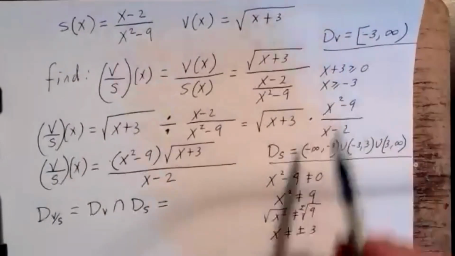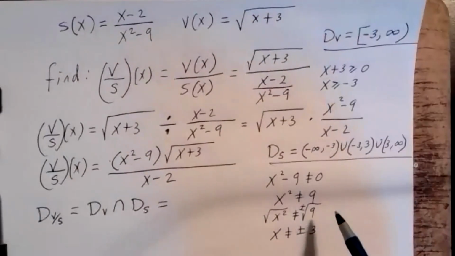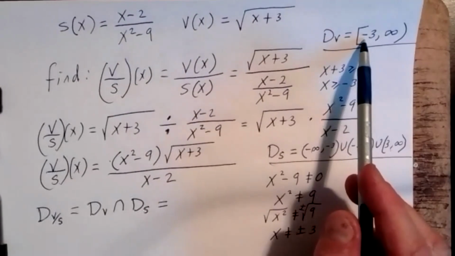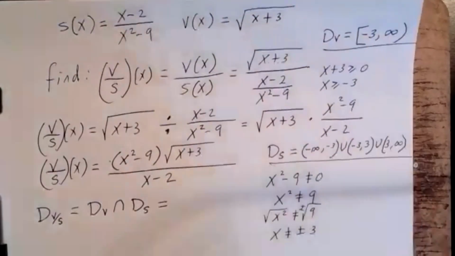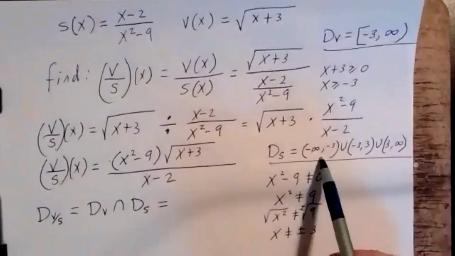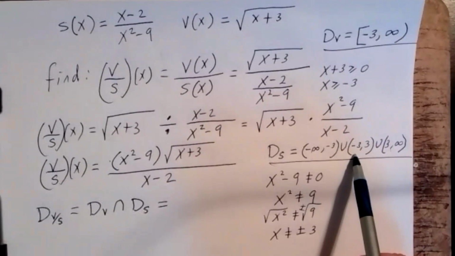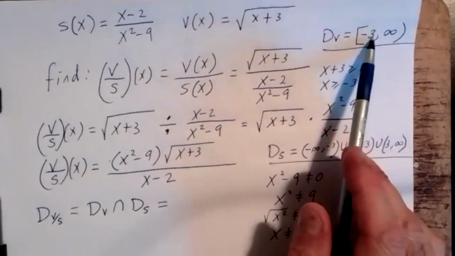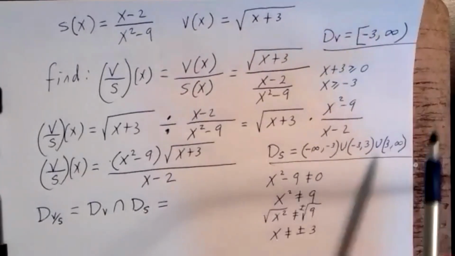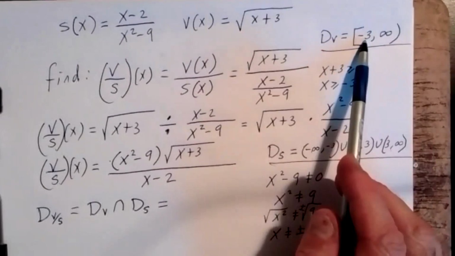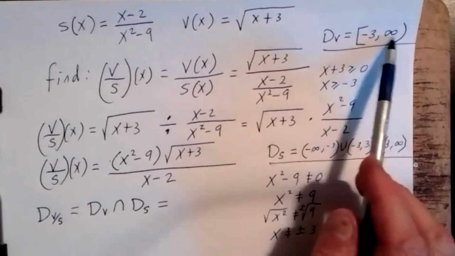Well, this domain goes from negative 3 up to infinity, including negative 3. This domain does not include negative 3, and it also does not include what? Positive 3.